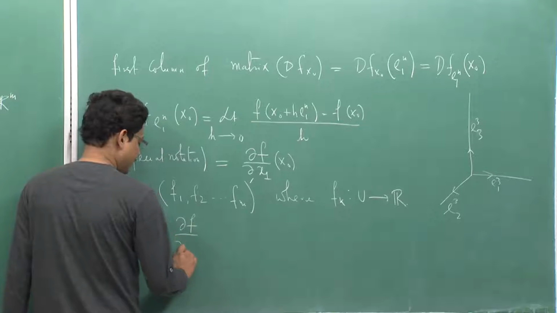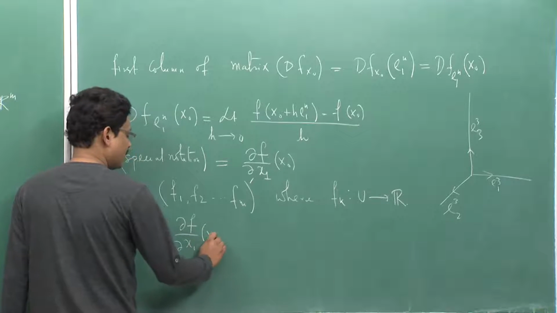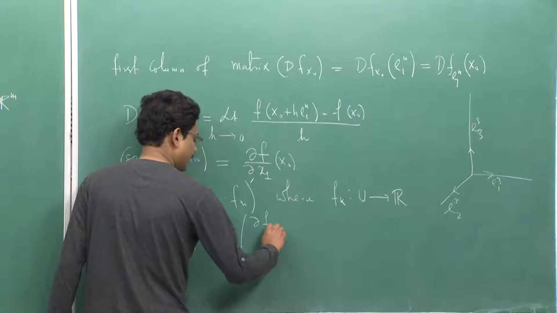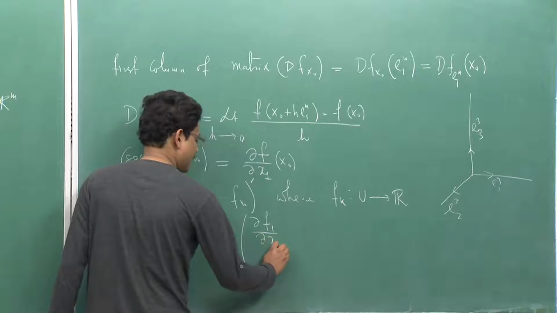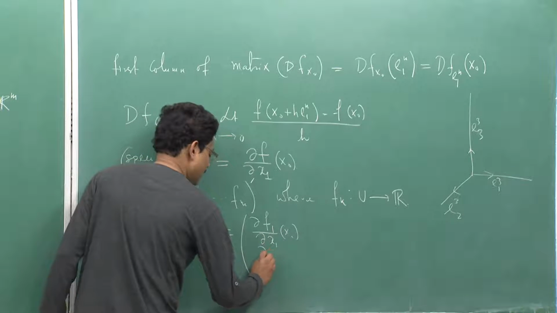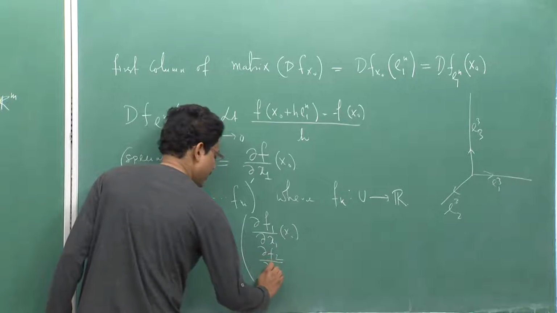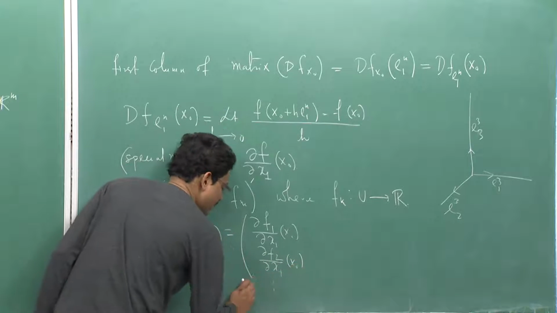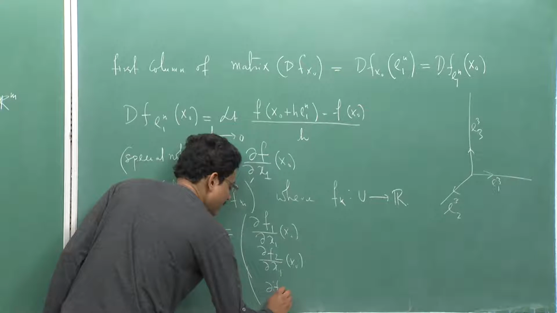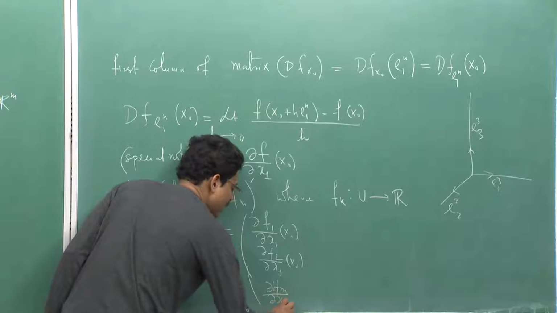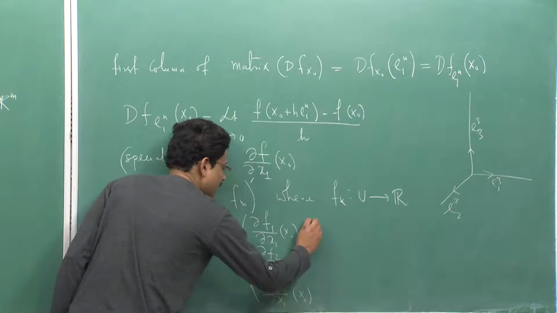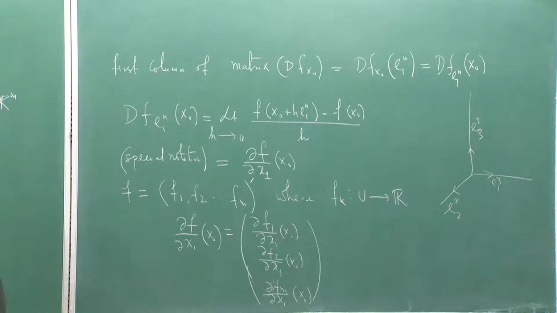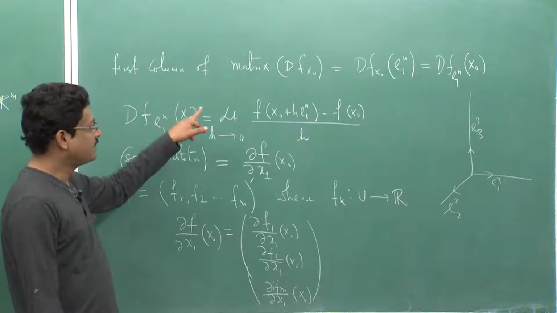If I write del f del x1 at x naught, this will be a column vector: del f1 del x1 at x naught, del f2 del x1 at x naught, and so on up to del fm del x1 at x naught. So, I got the first column of the matrix of d f x naught.